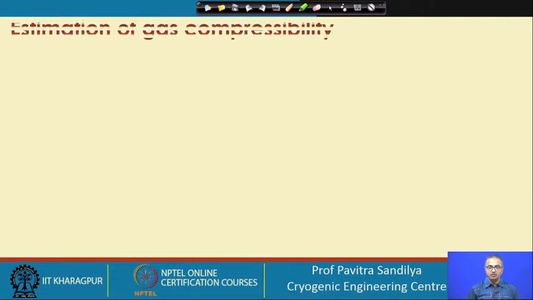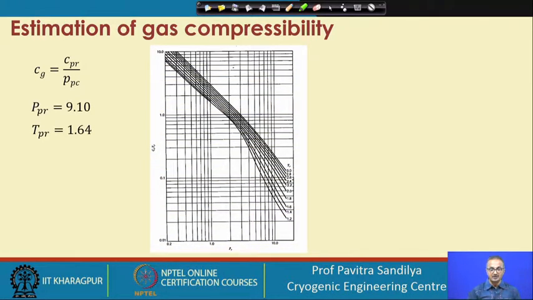Next we go to the estimation of the gas compressibility. Here we again find out these various factors Cg, ppr, tpr. From this particular curve which was shown in our lecture, on the x-axis we have the reduced pressure, and these curves are for different reduced temperatures. So again we locate this 9.10 from the x-axis, and then we locate this 1.64 on these particular curves.